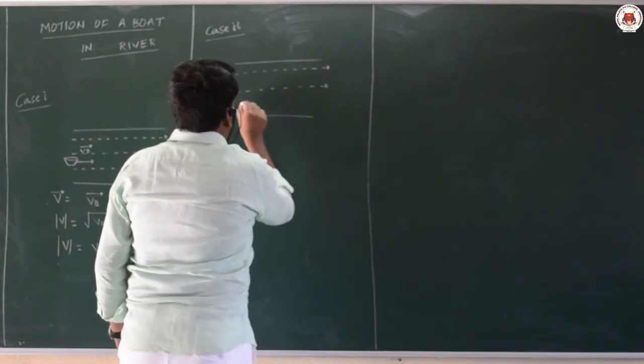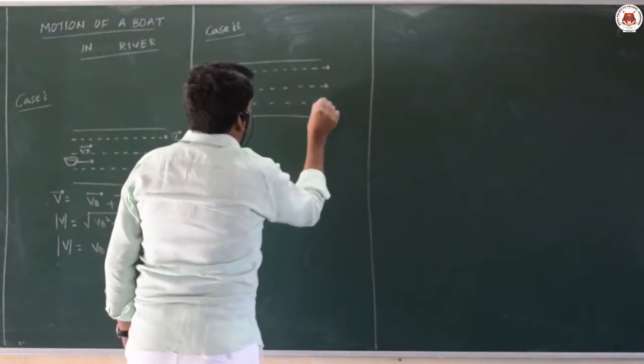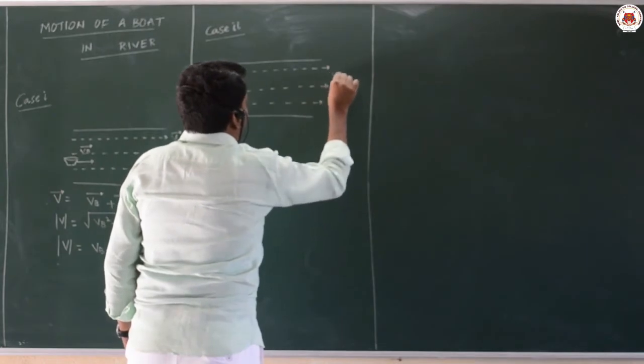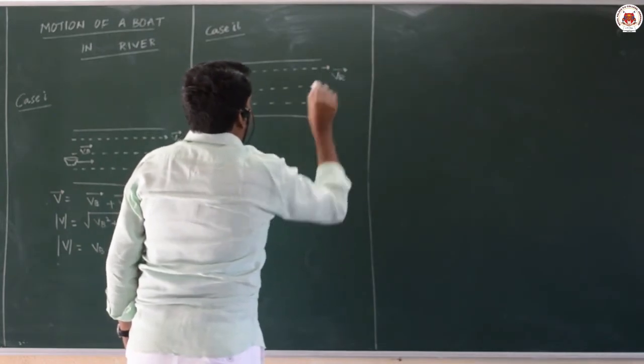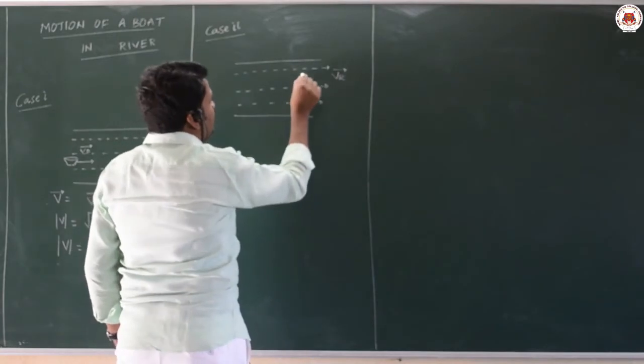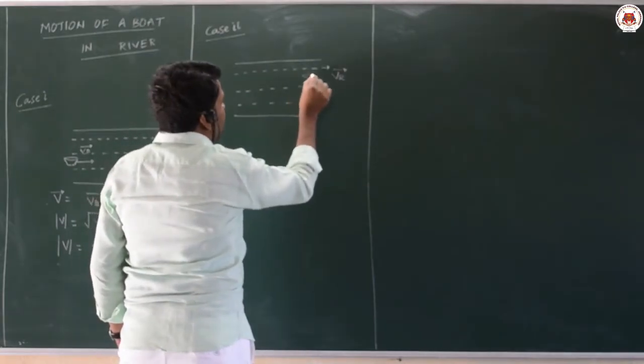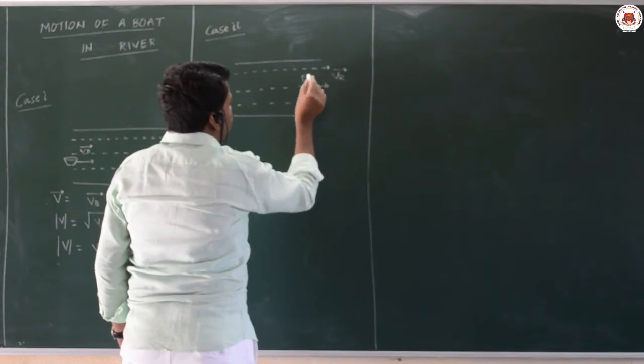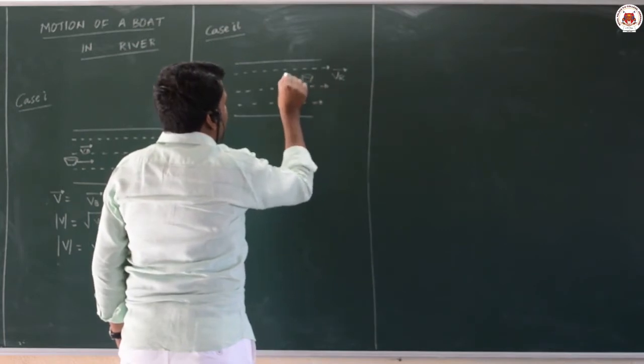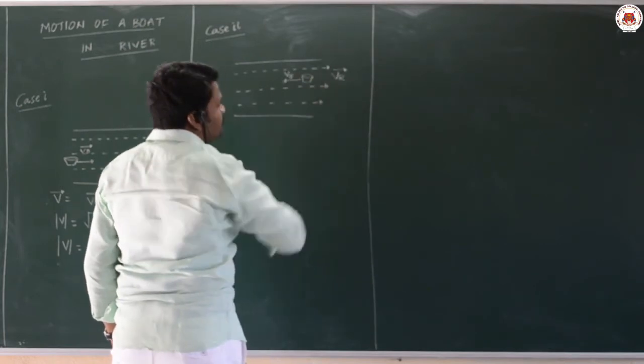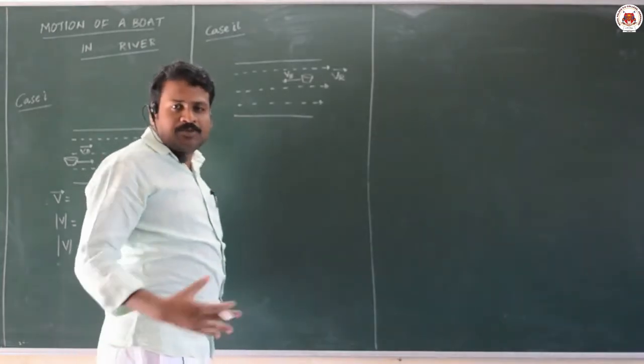Velocity of water, in this direction water is flowing, VR bar. Now, see, my boat now goes in this direction, opposite to the river velocity.